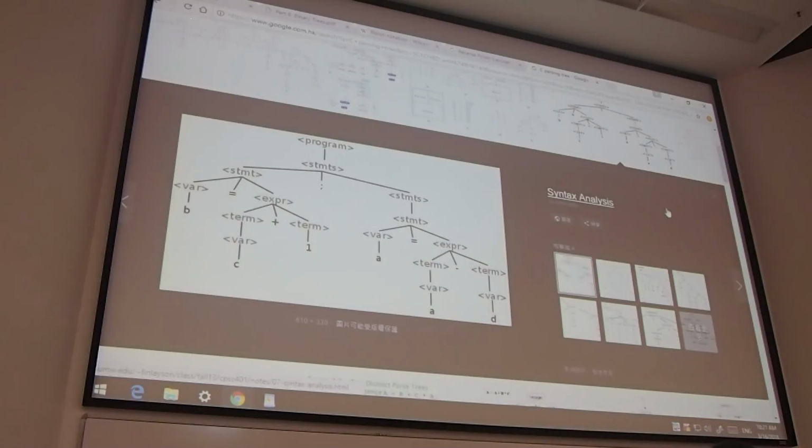If it can parse everything into a tree, it says it can compile. If it fails to parse, something is wrong, something does not fit anywhere, and it throws an error. That is what is happening behind the scenes. Your C program ultimately becomes a tree. So you have been writing trees all along.